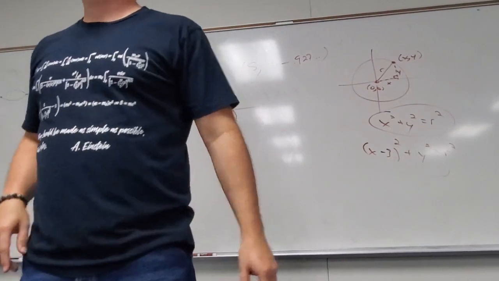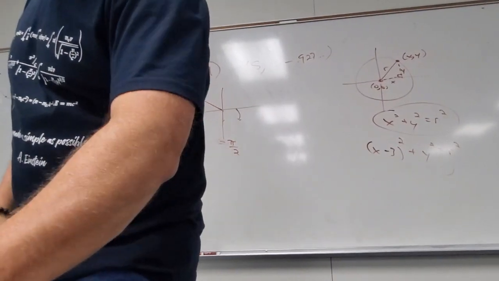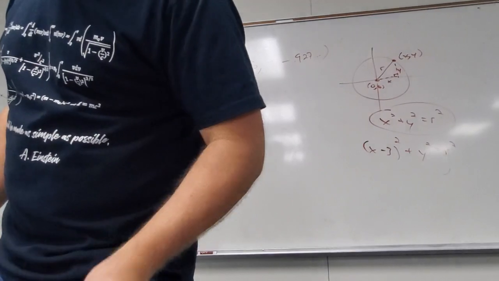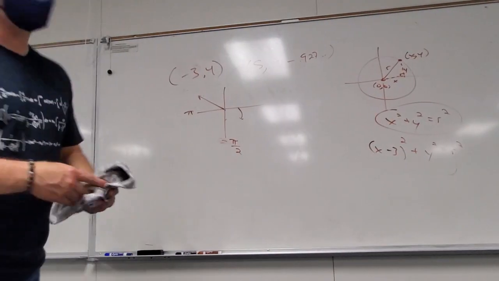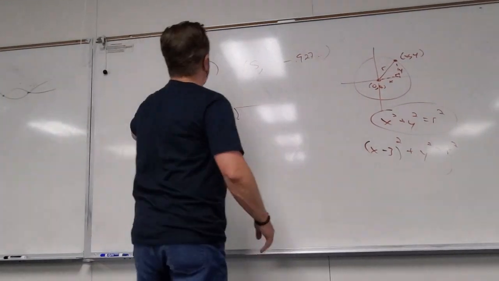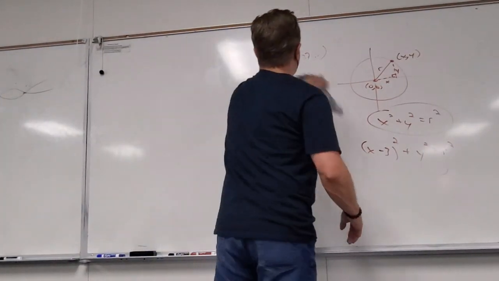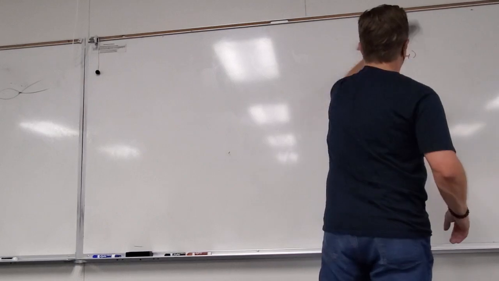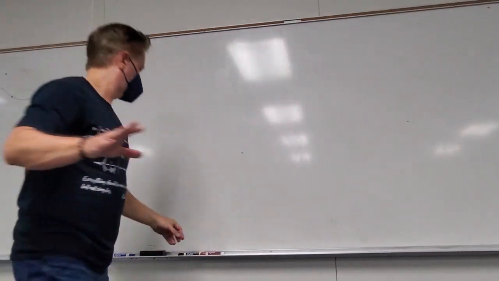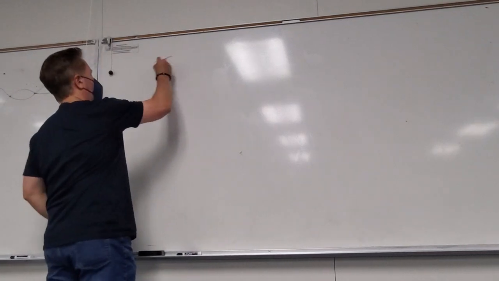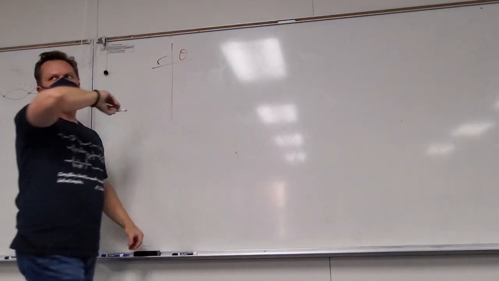Could you just quickly go over 6A? Oh, okay. Those of you who weren't here last week, you might want to take a look at the video from last Wednesday, specifically. But all you do is you make an r theta table.